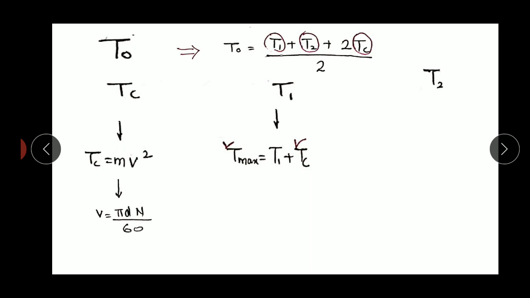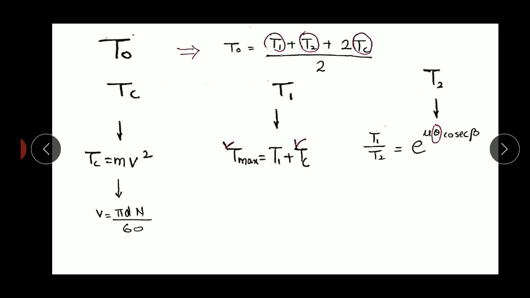Now how to find T2? Taking the tension ratio, T1 upon T2 is equal to e raised to mu theta cosec beta. Remember this cosec beta, this is because the type of belt is a V belt. So we are solving the question on the V belt.